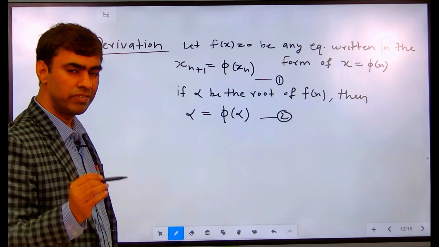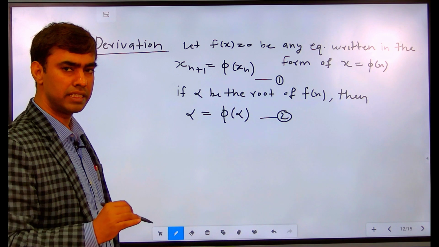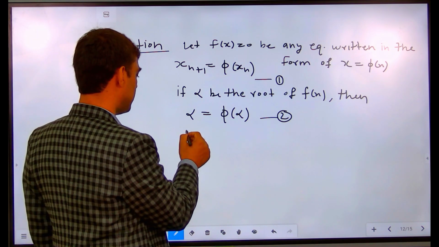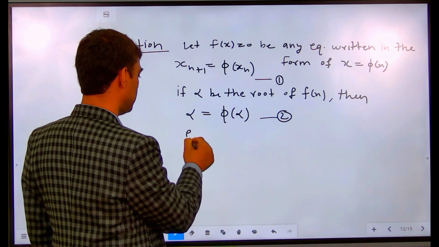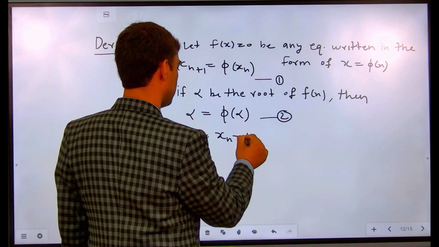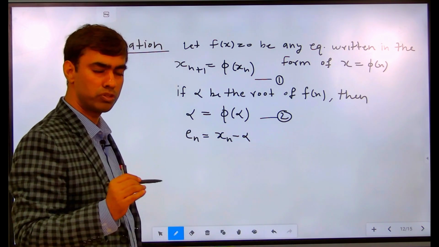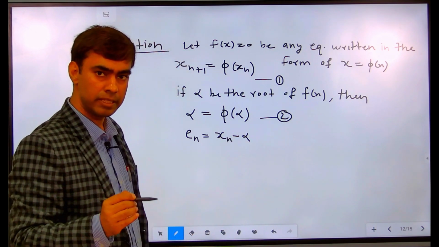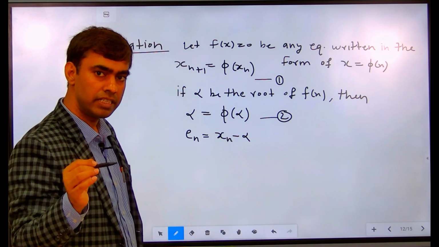Now we define the error after the nth iteration and after the (n+1)th iteration. E_n = x_n - alpha, where x_n is the approximate value after the nth iteration and alpha is the actual root.